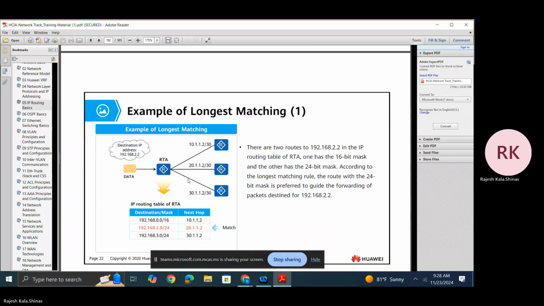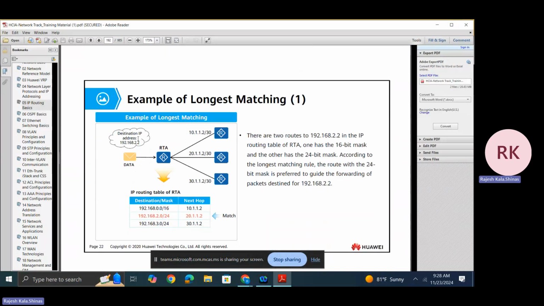Then another one. Destination IP is 192.168.2.x, with a /24 you can take. I have three routes in my table: 192.168.0.0/16, 192.168.2.0/24, 192.168.3.0/24.